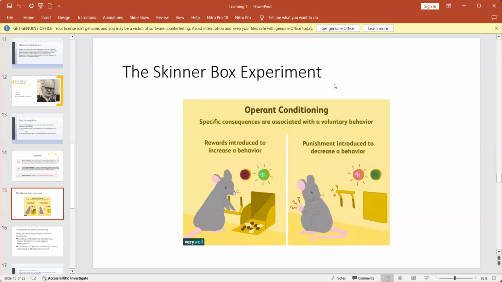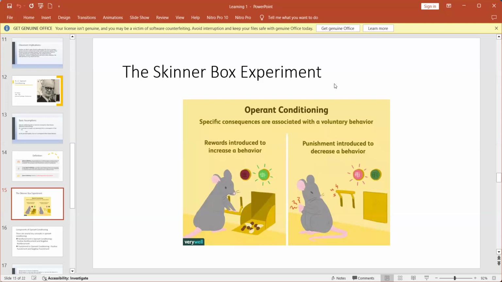So to discuss the effective use of rewards and punishment to facilitate learning, the operant conditioning theory has some components proposed.